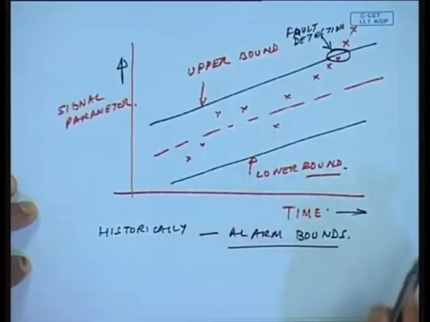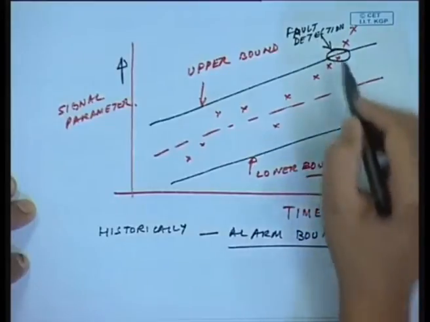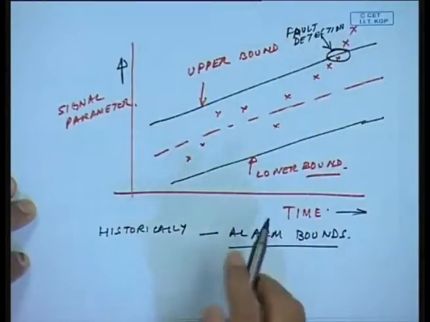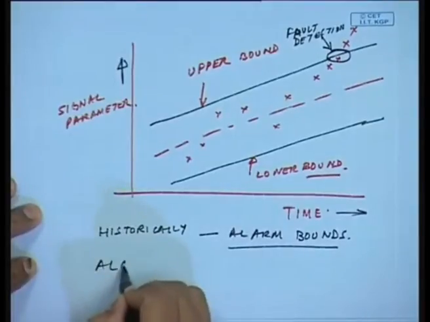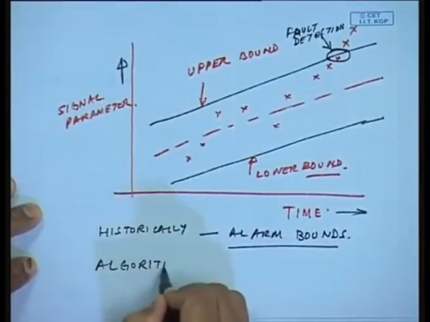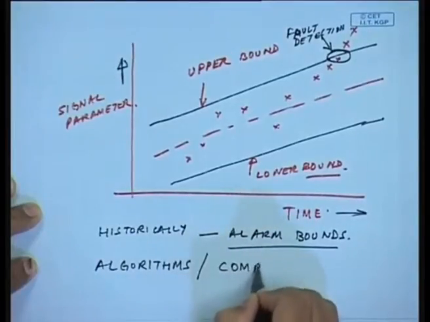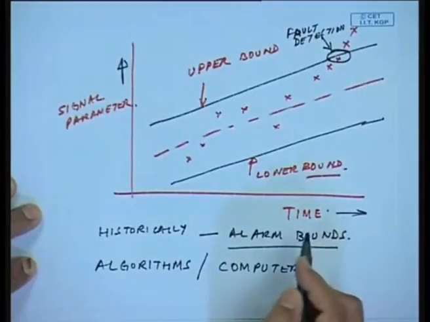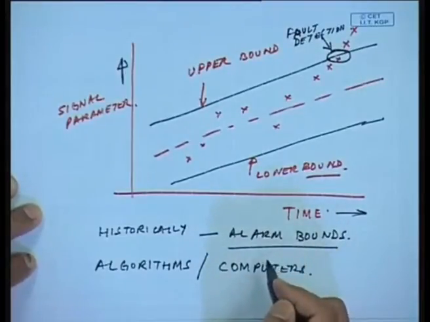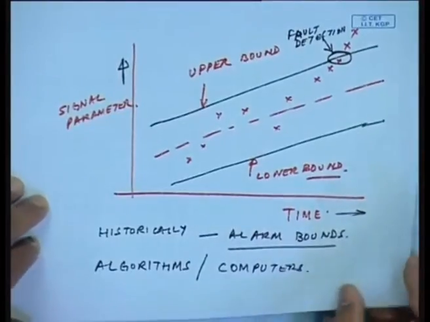And then you can detect a fault, but nowadays with the availability of many algorithms and fast computers, many new methods of fault diagnostic methods have evolved, and we will discuss a few of them here.